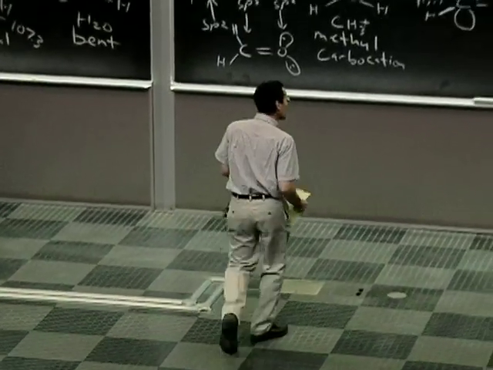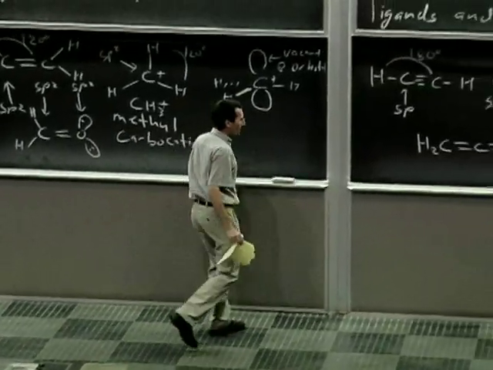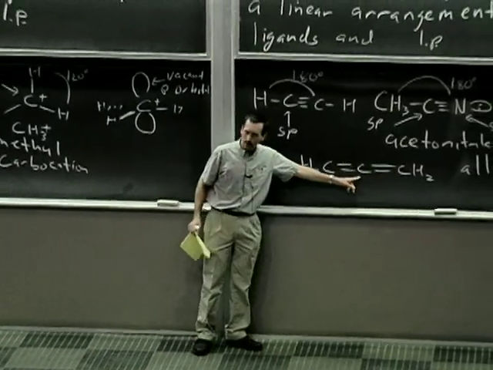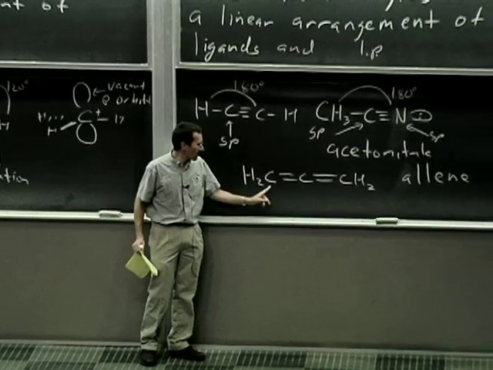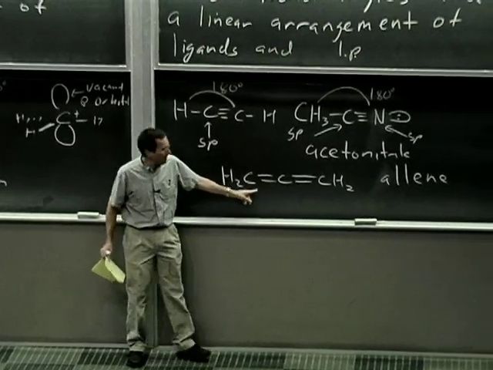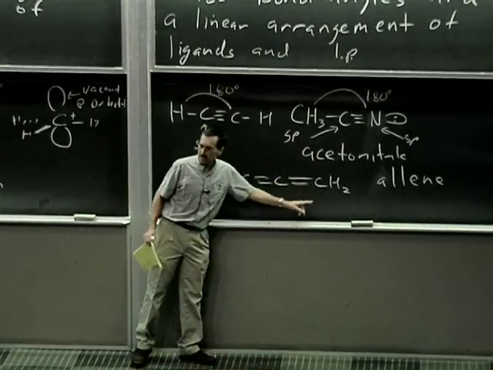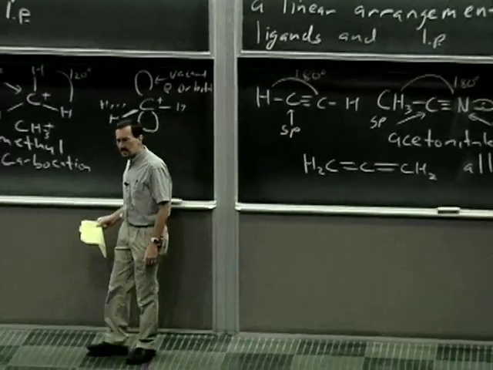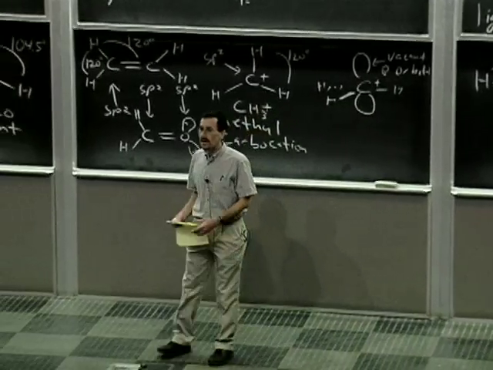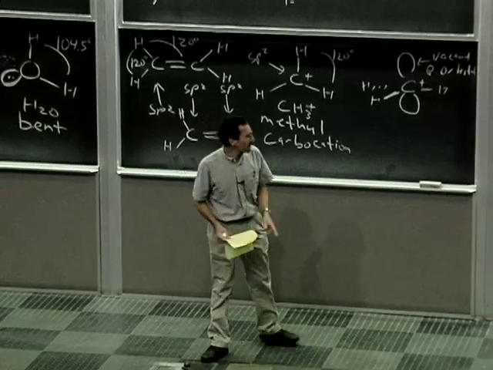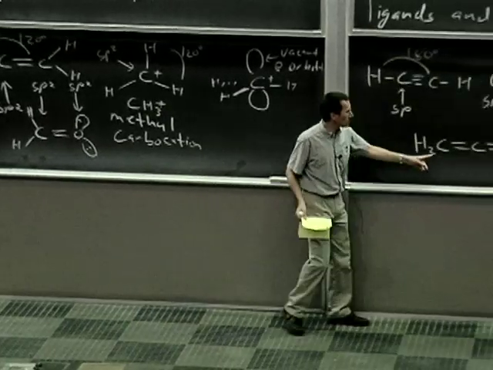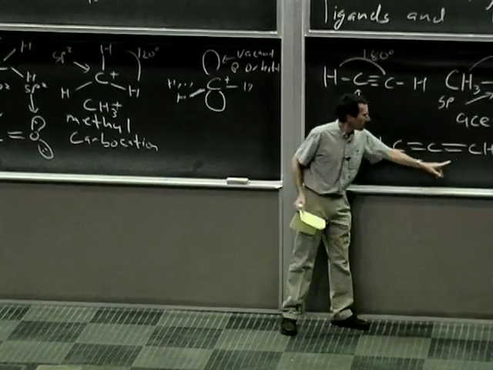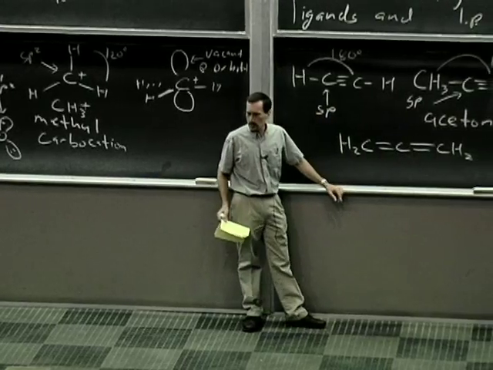All right, allene's a very funny-looking molecule. We haven't seen a molecule quite like this, with a carbon double bonded to another carbon on both sides. But of course, we've seen a structure like this in carbon dioxide, with carbon double bonded to an oxygen on one side and double bonded to an oxygen on the other side.